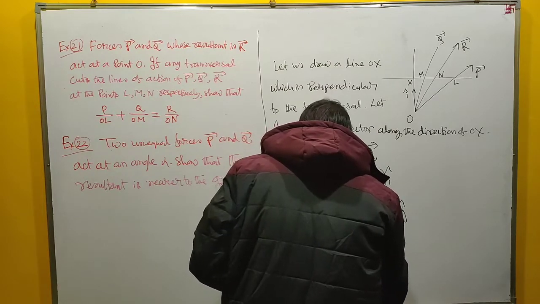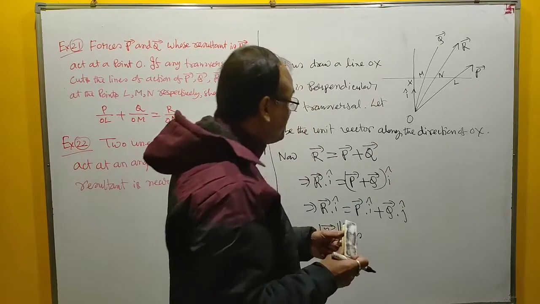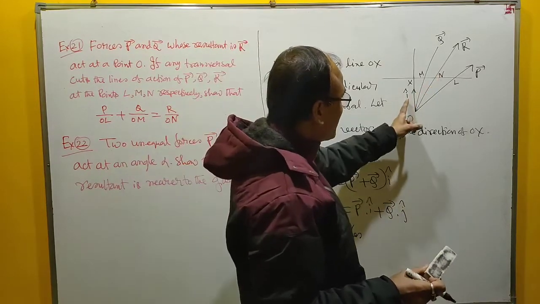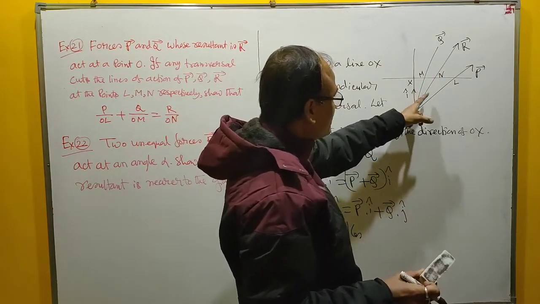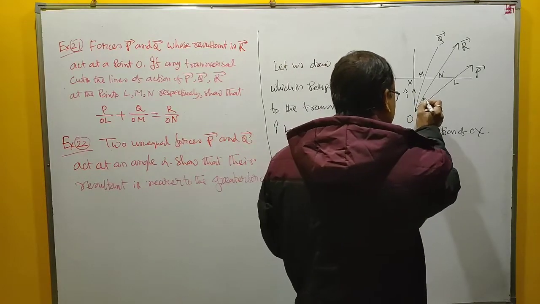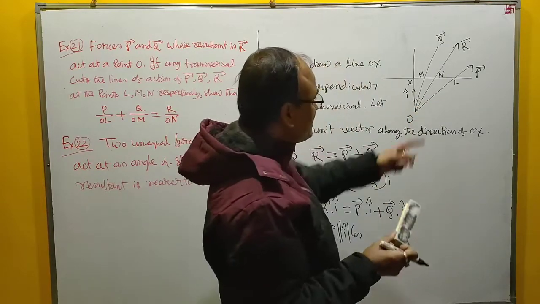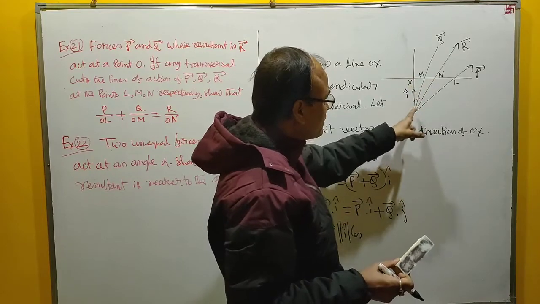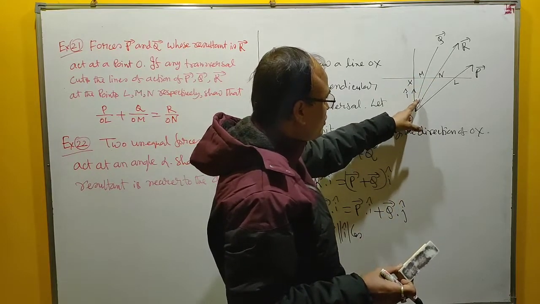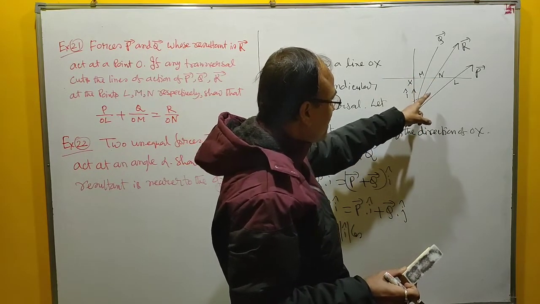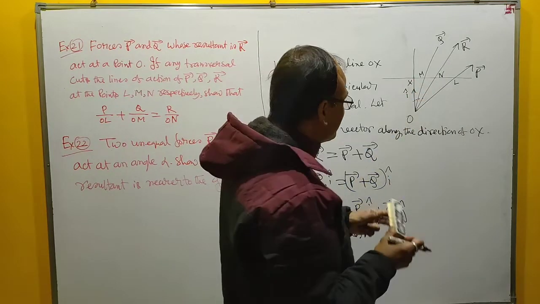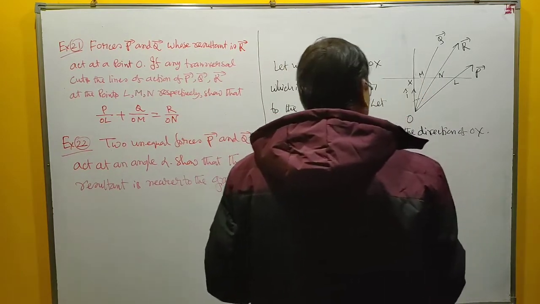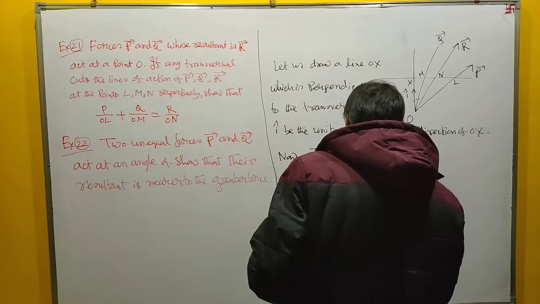Let me write like this: cos of the angle between R and i cap. What is cos of this angle? This is a right angle triangle. Cos of this angle equals base by hypotenuse, OX divided by ON.